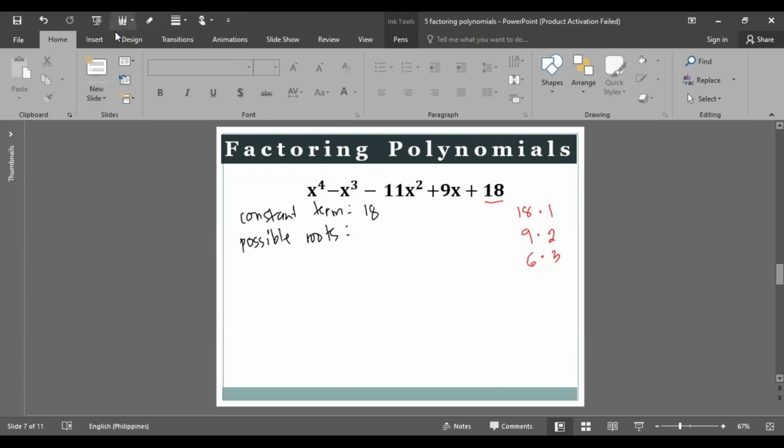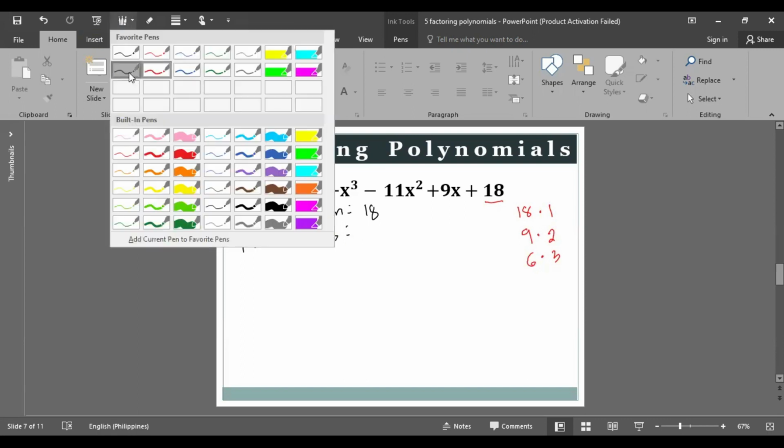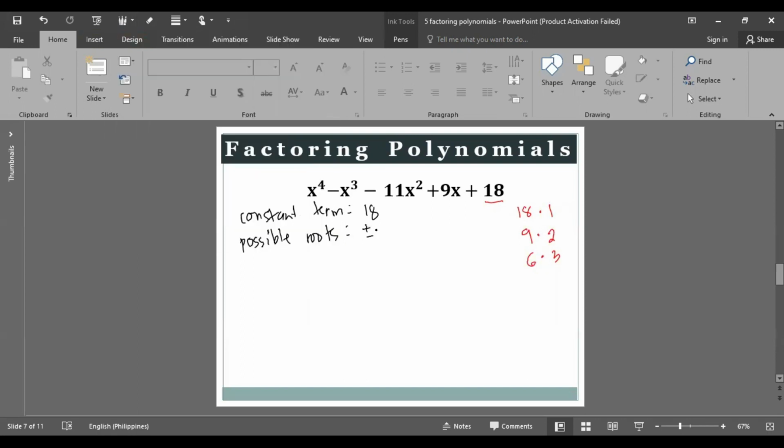So therefore, the possible roots are positive negative 1, positive negative 2, positive negative 3, positive negative 6, positive negative 9, and positive negative 18.